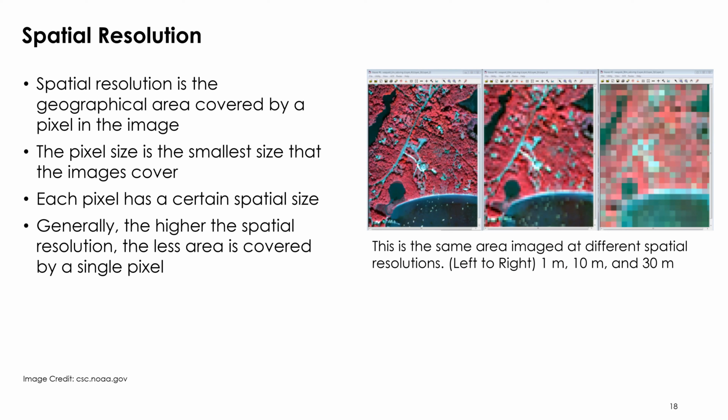The picture you're seeing here shows imagery with pixels of 1 meter, 10 meters, and 30 meters. And of course, as you increase that number, the blurrier and pixelier it's going to get, right?